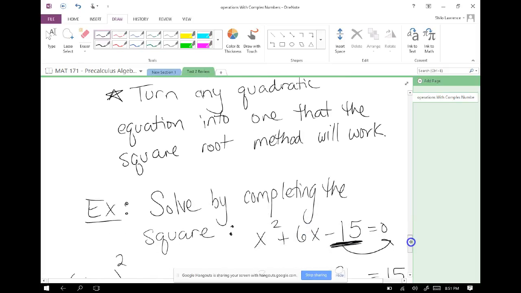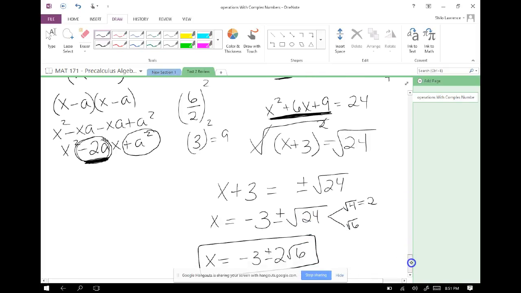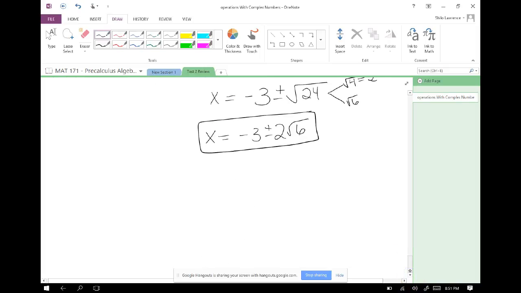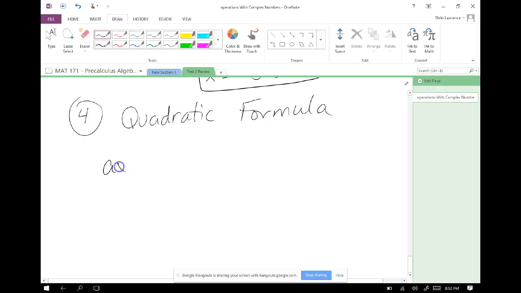There's our fourth method. Our fourth method can be used on every single problem, whether it can be factored or not, whether it has just one x in it or whether it has two x's in it, does not matter. The quadratic formula can be used on every single quadratic equation. So the basic setup for a quadratic equation is ax squared plus bx plus c equals 0.